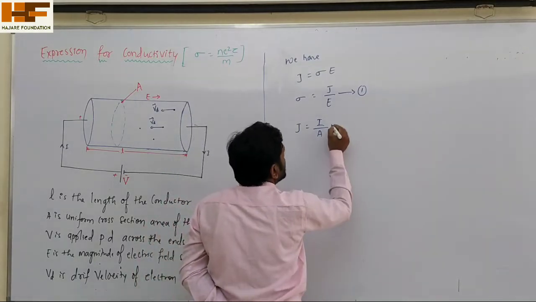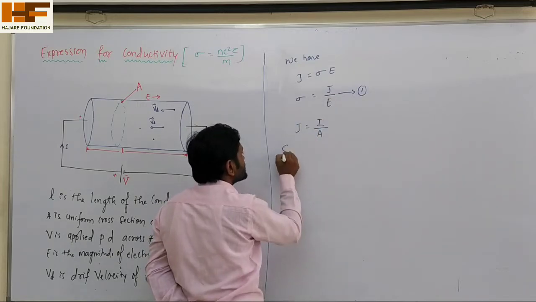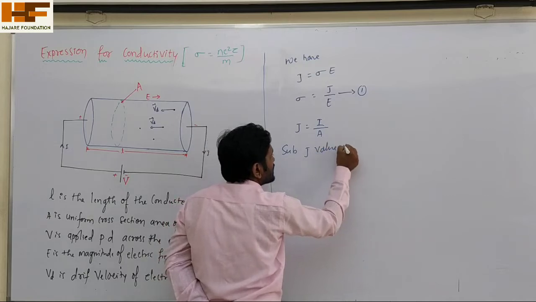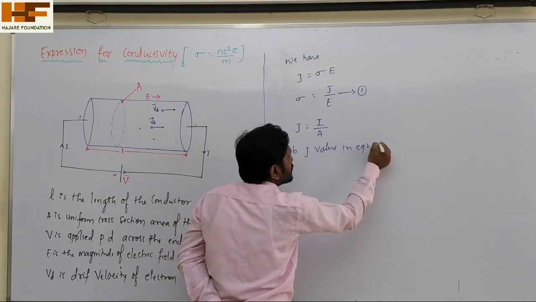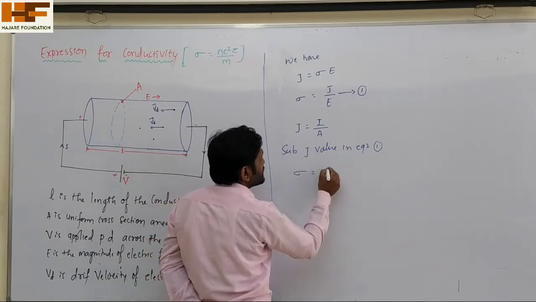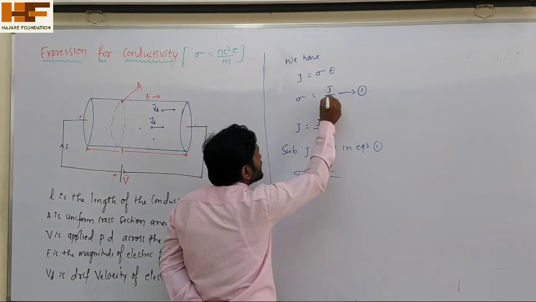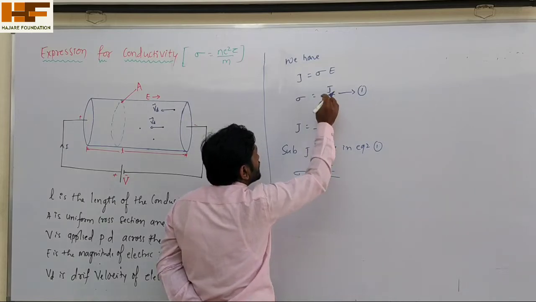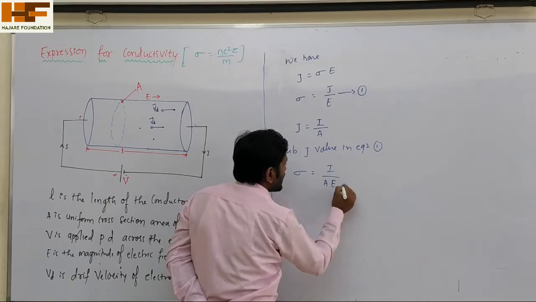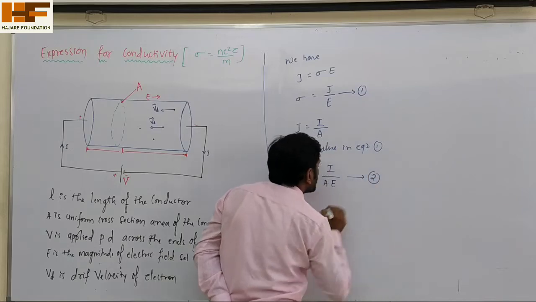Now substitute this J value in equation number 1. Then sigma is equal to I divided by A into E, AE. This one we will take as equation number 2.